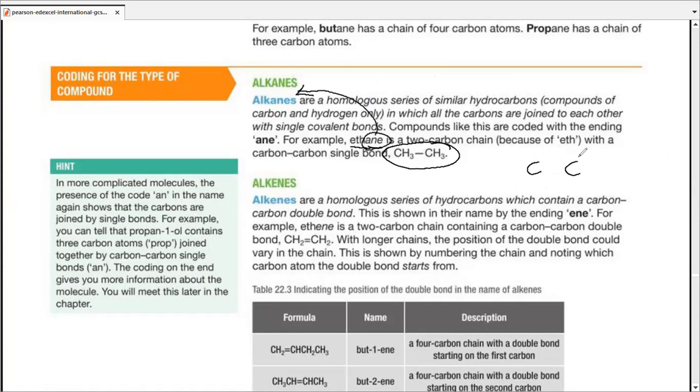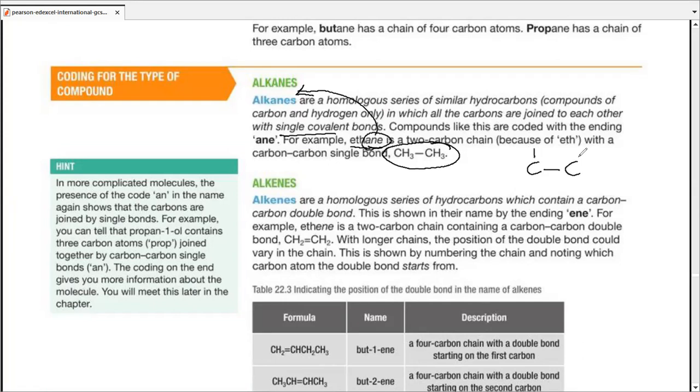As soon as I studied the word ane, it meant there was a single bond in between. This is known as a carbon skeleton. It's better to start the structure from the carbon skeleton and not from the number of hydrogens. This is known as the backbone of organic chemistry. That's why I'm using the word skeleton.